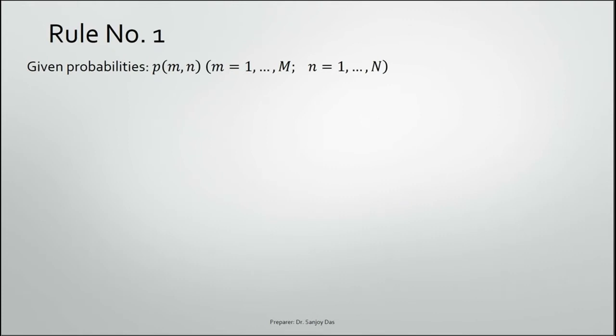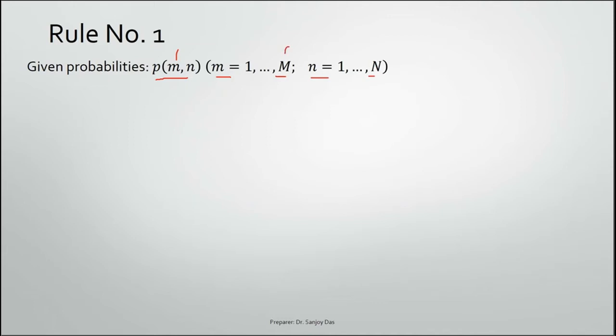Now let's establish two rules that would be very useful in the derivations that will follow. We are given a joint probability P(m,n), where m is from 1 through M and n is from 1 through N. As an example, the first event could be the roll of a die, and so M is 6 here.